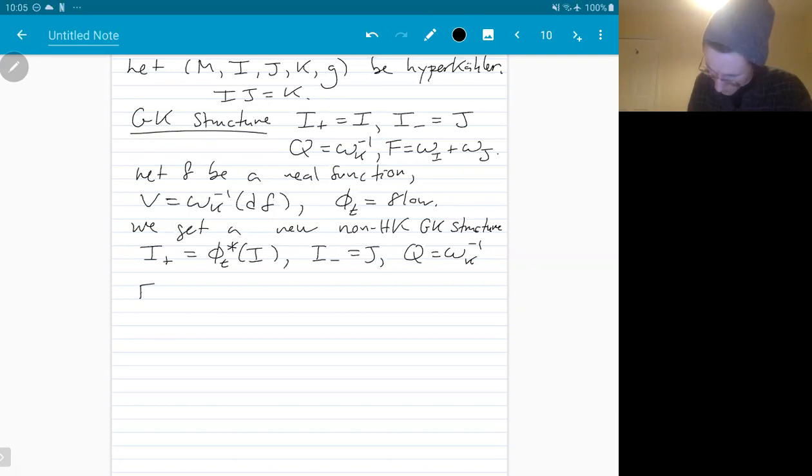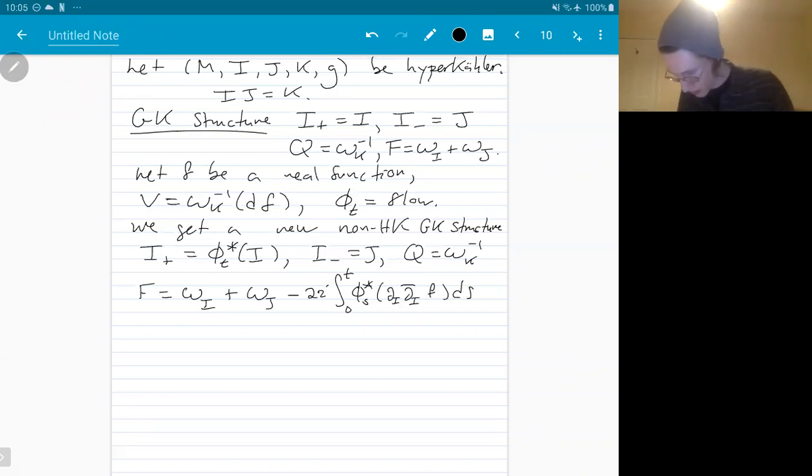And then for F, we take omega plus omega J minus, so it's again this integral of dd bar of f.